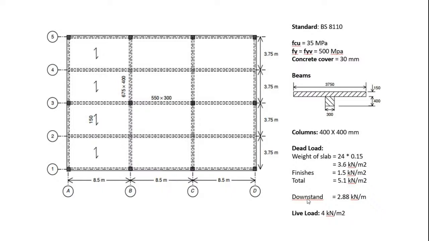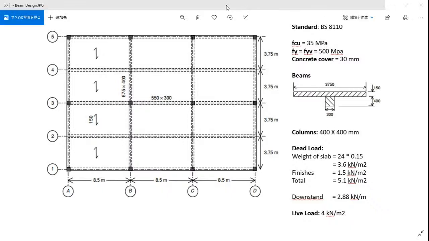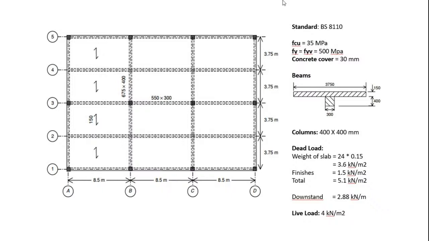So we shall apply it linearly on each beam and take it to be 2.88 kilonewton per meter. And the live load we will take to be 4 kilonewton per meter squared. So that being said, I think we are ready to move to Robot Structural Analysis and start our modeling.